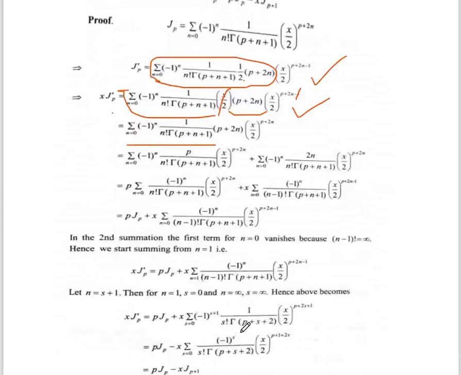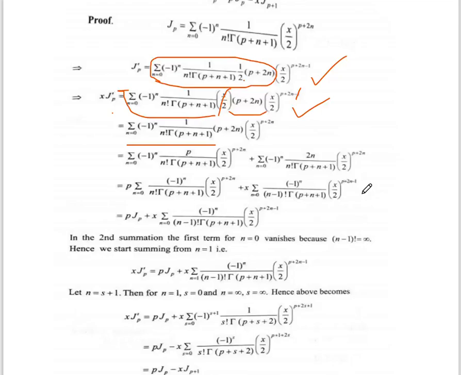So what is the next step? Here p is a constant, so take it outside of the summation. So this can be written as summation n equal to 0 to infinity, minus 1 to the power n, divided by the denominator as it is, with the x by 2 term as it is. Again here we take x as a common term outside of the summation, so x by 2 to the power p plus 2n minus 1.